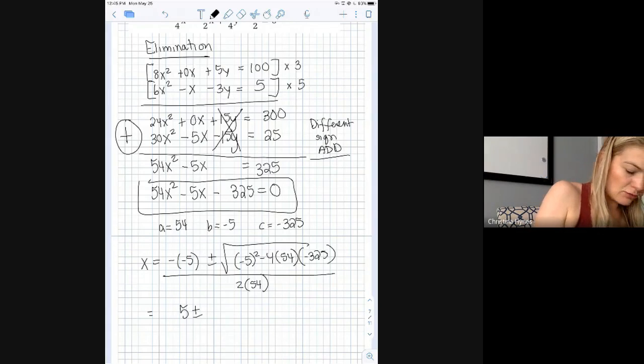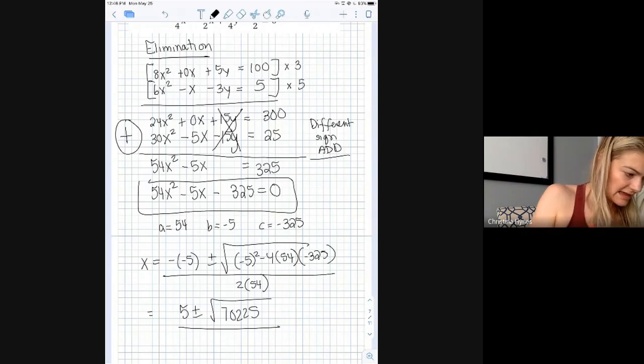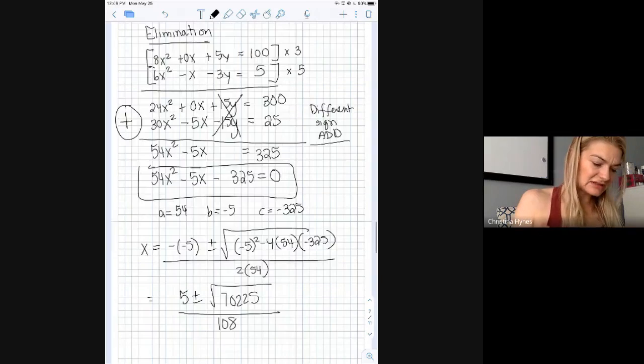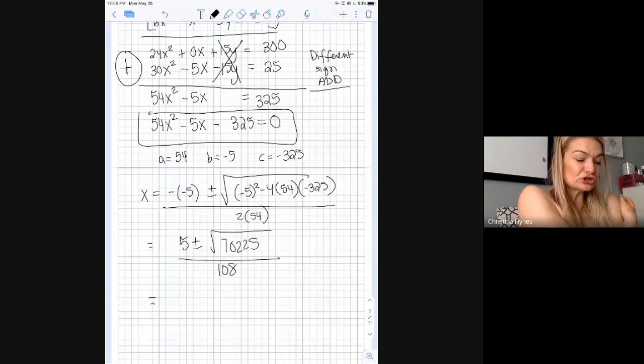So I like to always do the radicand by itself first, so that I don't have any issues. And I get this number underneath as my radicand. And 108 at the bottom. Okay, so this is what I'm solving for, and these are the two x values.